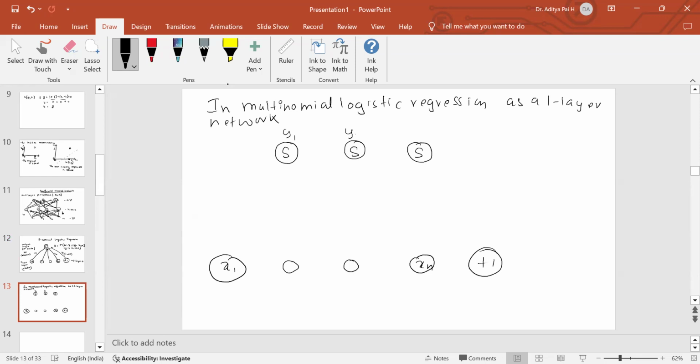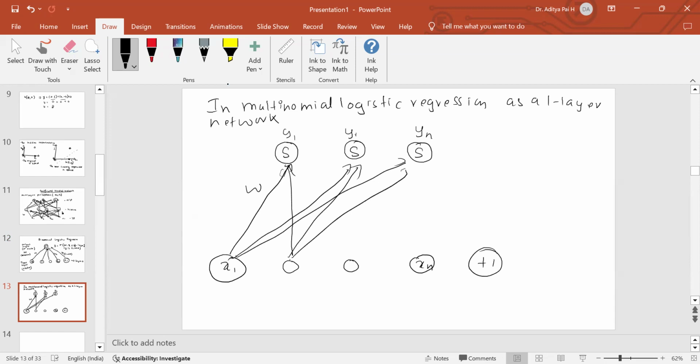You can see this is yi or something, and this is nothing but yn. So here the weights, that is nothing but my w. These are the weights being applied. From every node, you can see the weights are being applied over here.